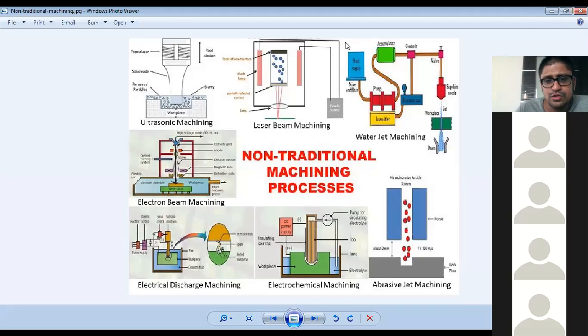Then another mechanical source of energy is the water jet. I think I have covered the water jet in the first Zoom session, so I am not going to discuss it in much detail. You see a high velocity jet of water. You can create it by providing a nozzle, and the nozzle is fed with water at high pressure.